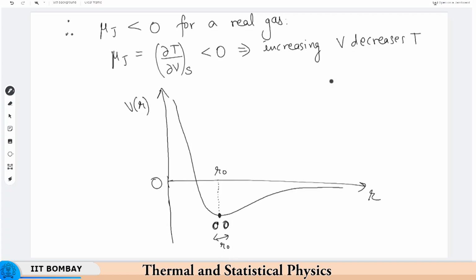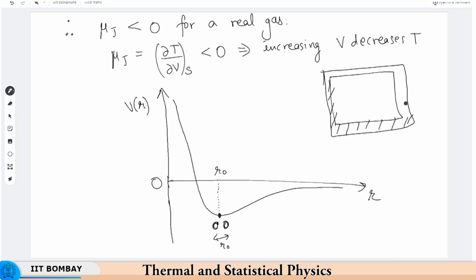And remember, this system is still insulated. It can't really exchange heat with surroundings. So, one condition that will always remain true is that its internal energy cannot change upon expansion, right. Before expansion, the potential energy is somewhere here.